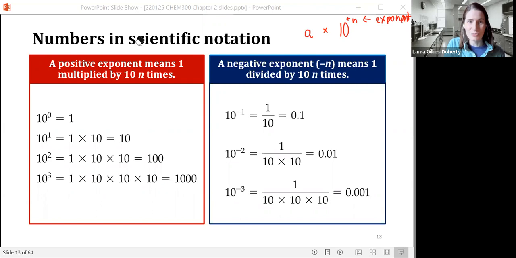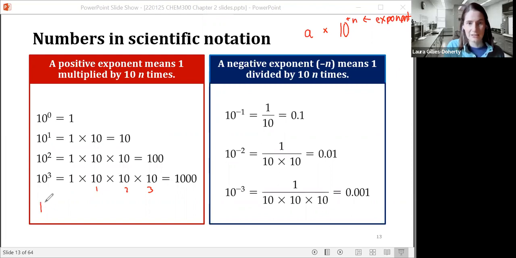If our exponent is 1, it's 10 multiplied one time. If it's 2, it's 10 times 10, 10 multiplied 2 times. If it's 3, it's 10 multiplied by itself 3 times, 1, 2, 3, to give 1,000. So the higher the exponent, the larger the number for a positive exponent, going from tens to hundreds to thousands.